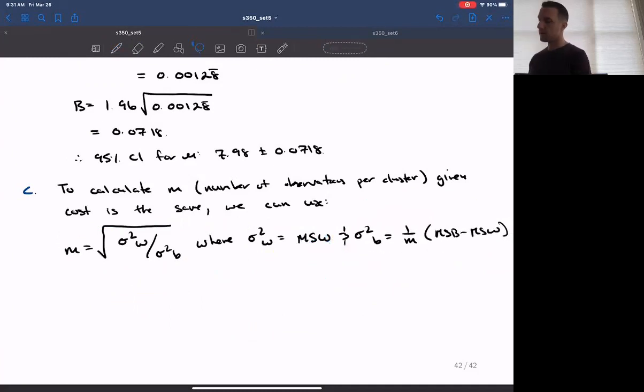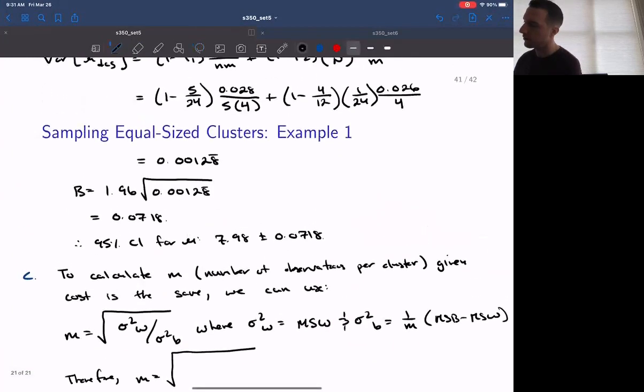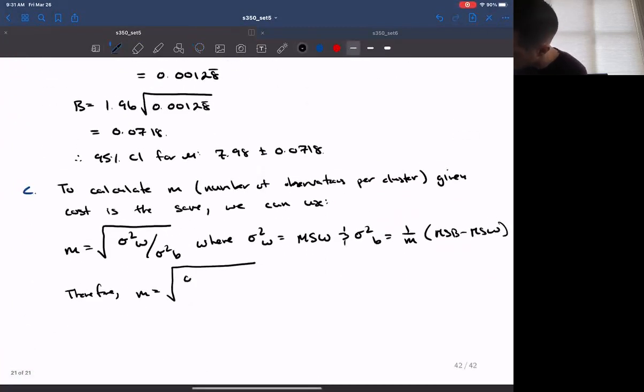All right. So in this case, therefore, m is equal to the square root of 0.026 divided by 1 over m multiplied by 0.028 minus 0.026.